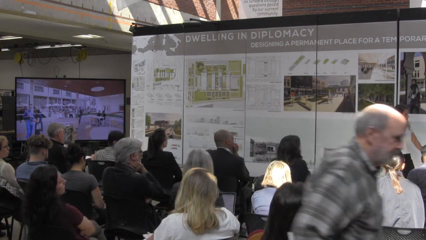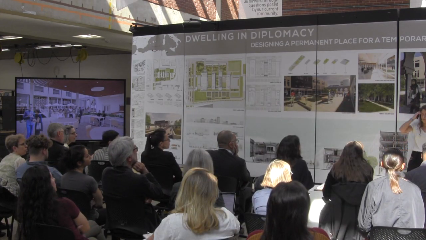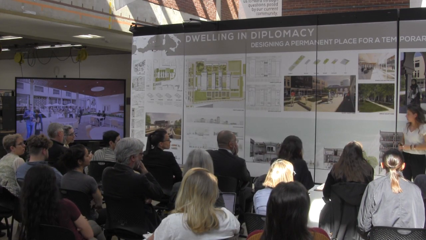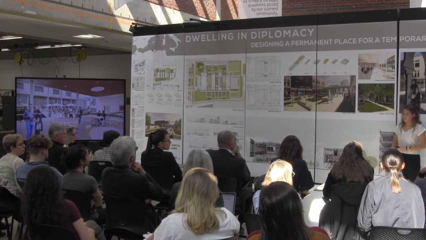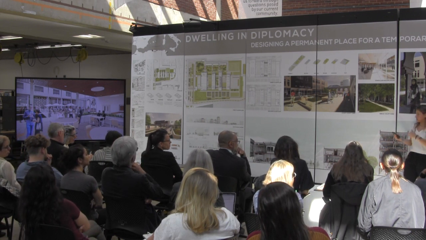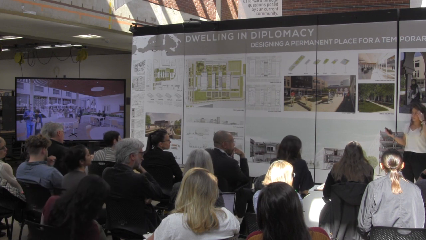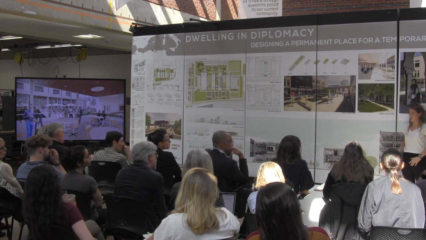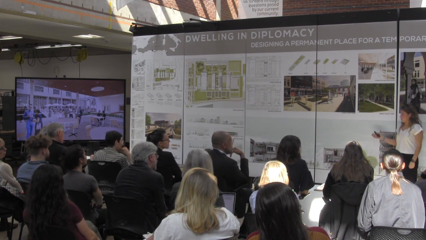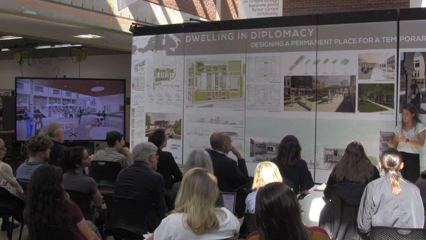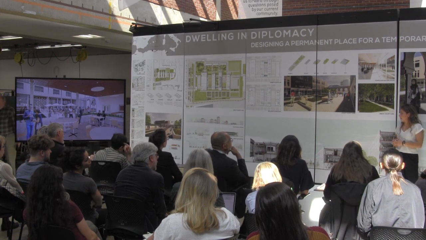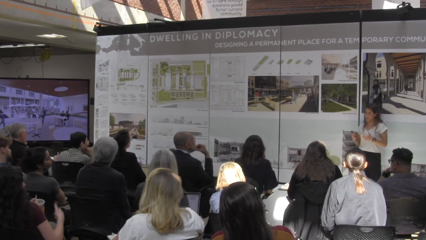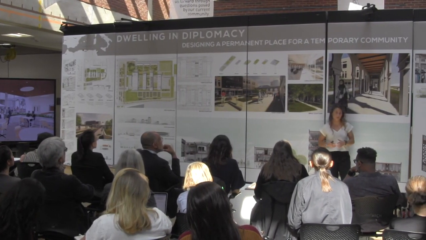And lastly, I wanted to touch upon the structure of the buildings. So the most public building, being the first one, would be constructed of steel. The building materials of Algiers are dominated by concrete, and so I really wanted to show the public what steel is capable of, and just expose them to a material they might not be as familiar with.